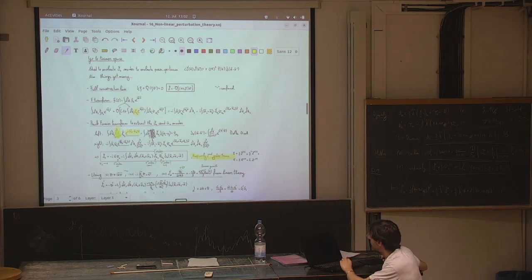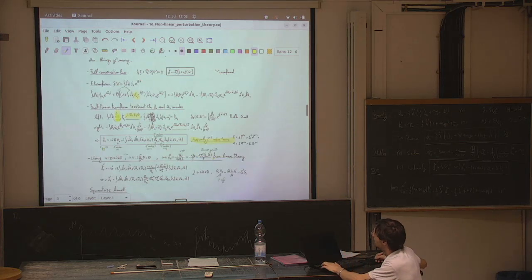Now look what happens. We have this expression, and we keep everything up to second order. It's just multiplied by k, so we have to keep all terms up to second order. But look here, we have the product between the density contrast of matter and the peculiar velocities.